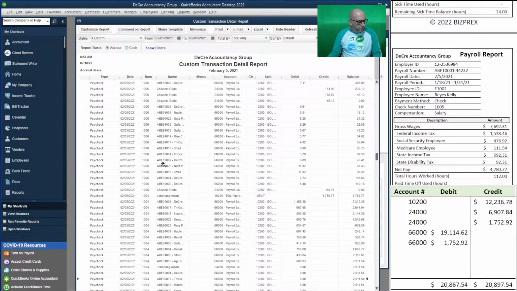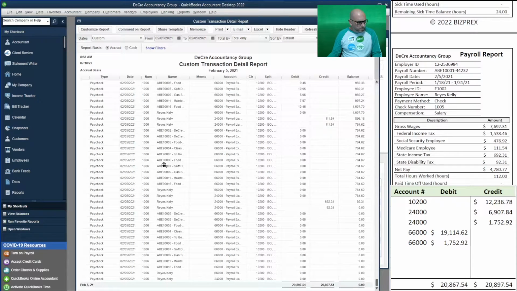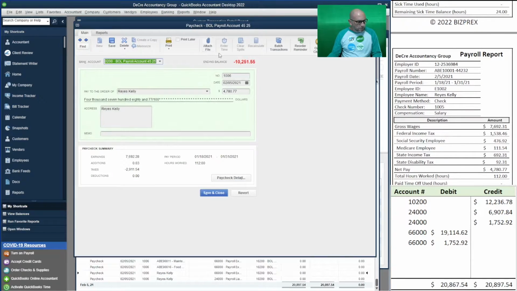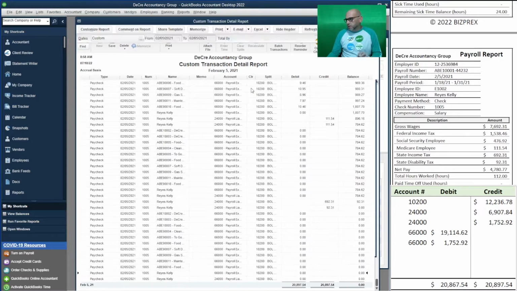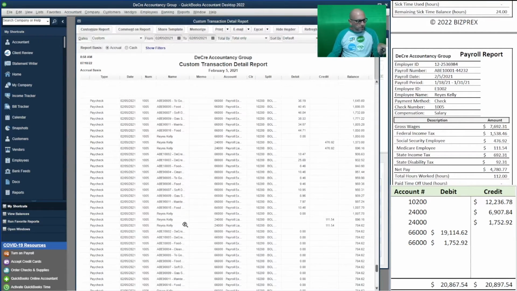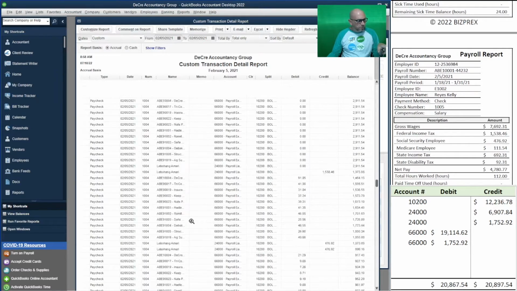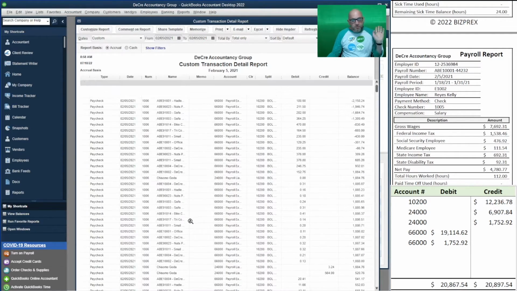So it's 5. That's how you make corrections. Technical issue has nothing to do with anything. But here we have it. Reyes is 5, Libohang is 4, and Chizoma is 6. Done.